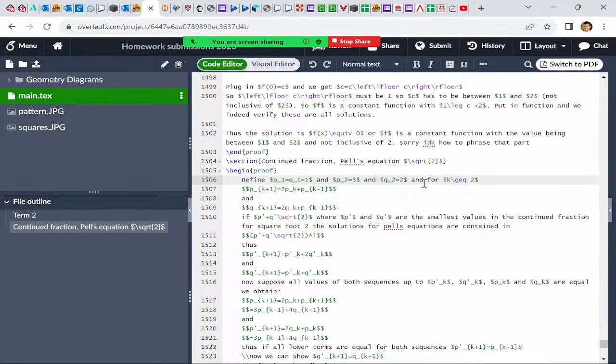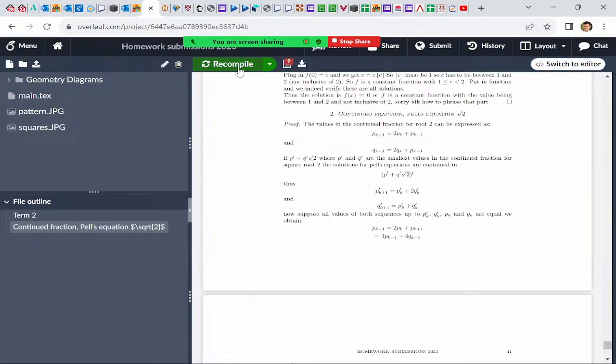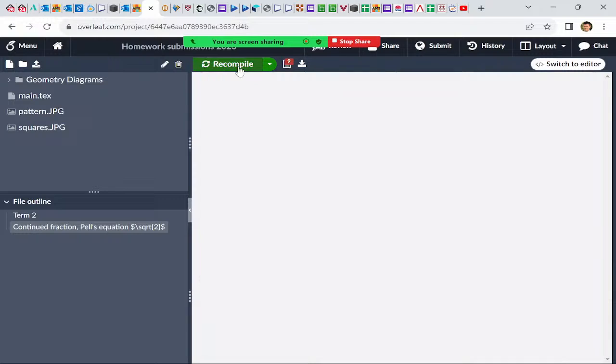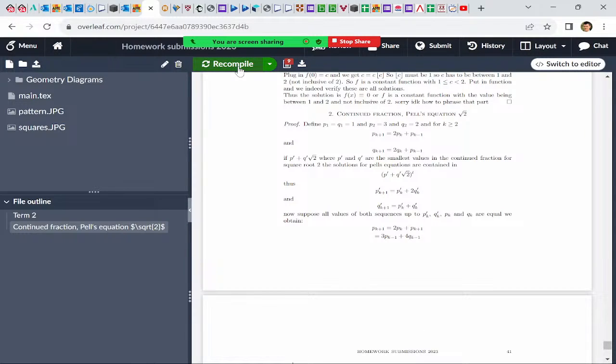So for k greater than or equal to 2, you don't even actually need to know that they're from a continued fraction. You just know that... because you don't need to say if, right? That's making it confused.